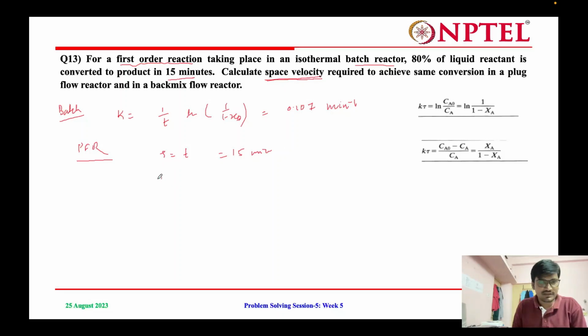The space velocity is 1 by tau, so 1 by 15 equals 0.067 minute inverse.